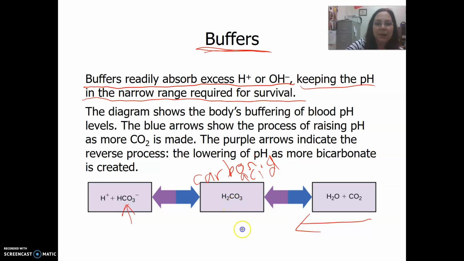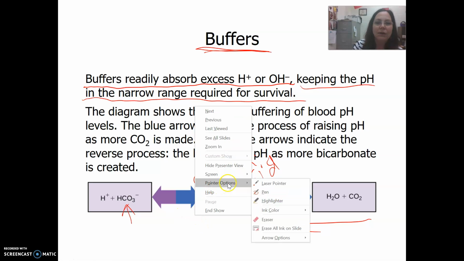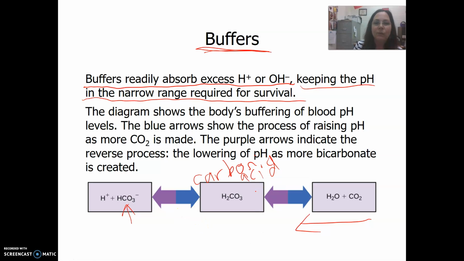Okay, so this is carbonic acid. What happens in the body when carbon dioxide combines with water is that it forms carbonic acid. And when that carbonic acid splits up, it splits up into hydrogen ions and bicarbonate ions.